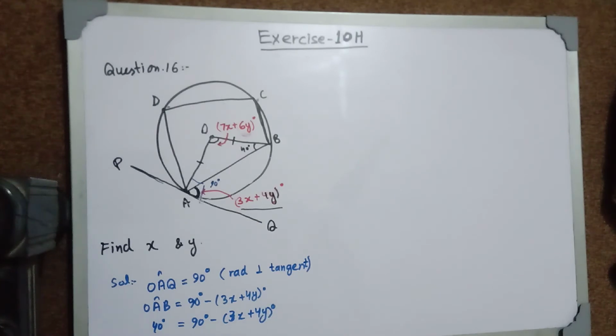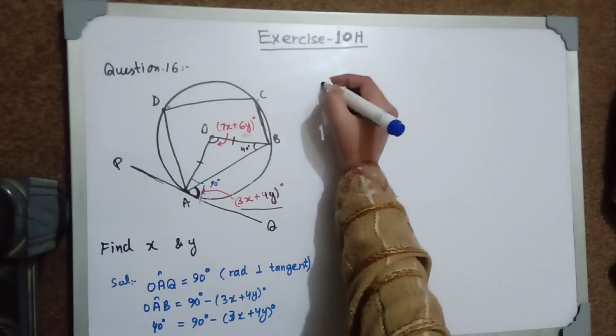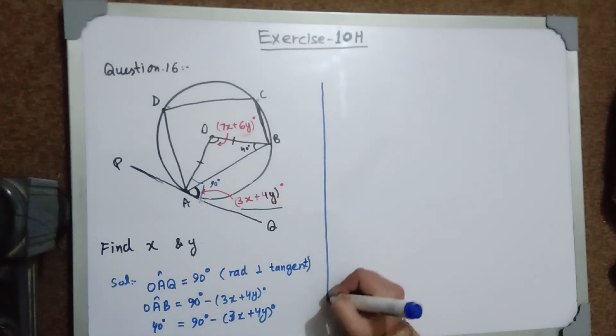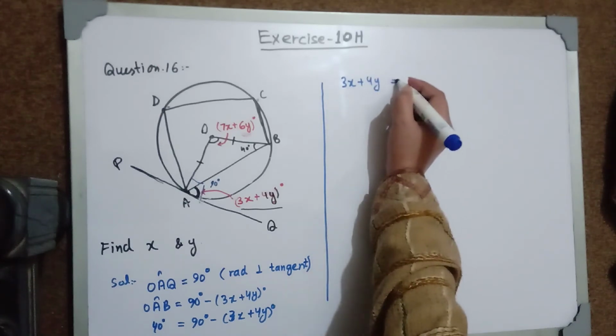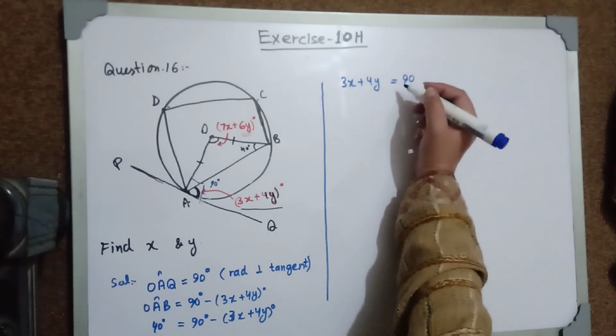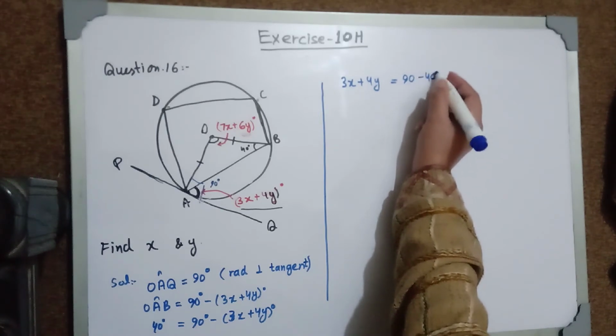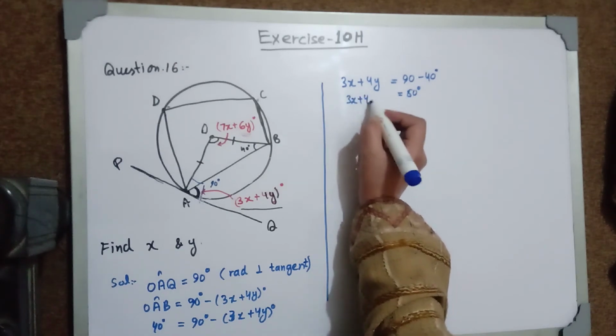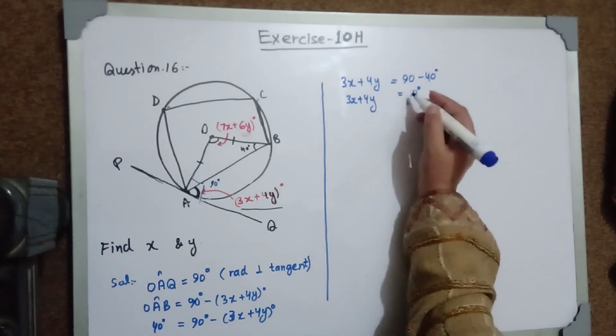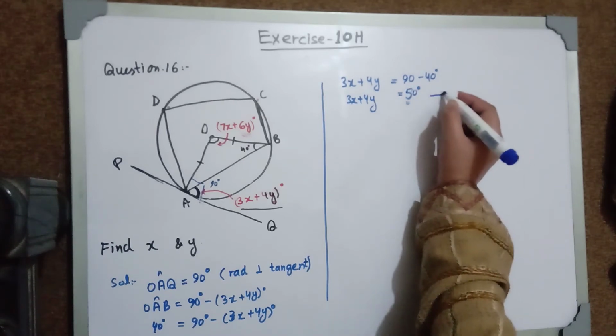On simplifying, I can bring this term with x and y to the other side so that it becomes positive. 3x plus 4y will be equal to 90 minus 40, that will be 50 degrees. So we got 3x plus 4y equals 50, and this is our equation 1.